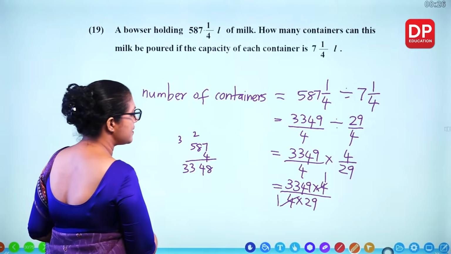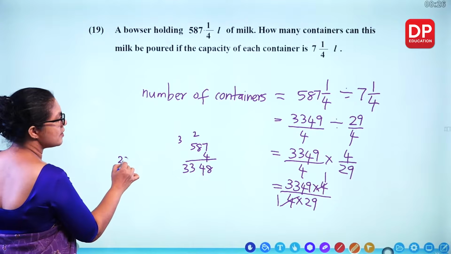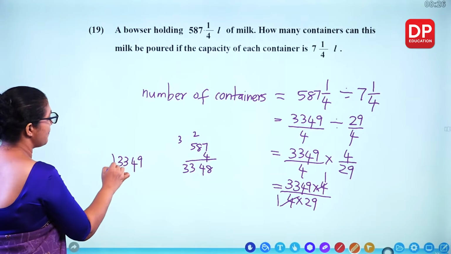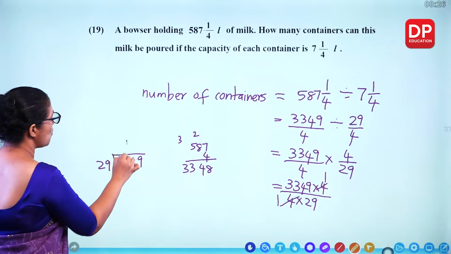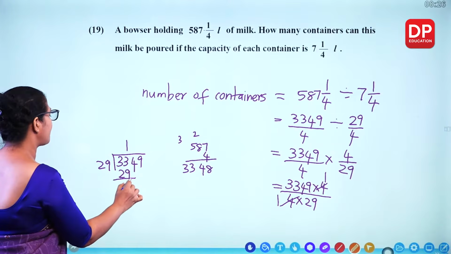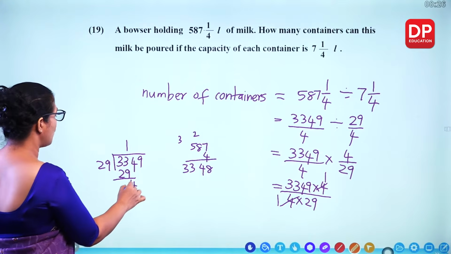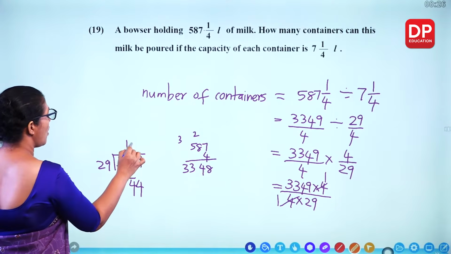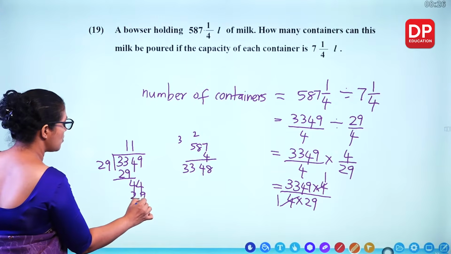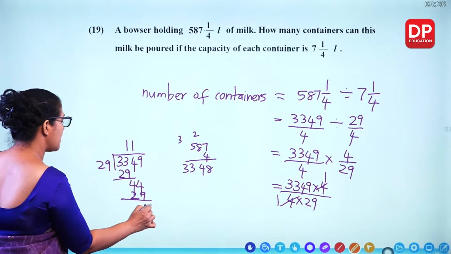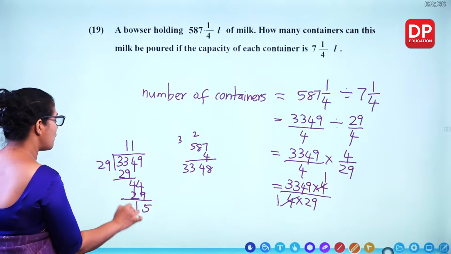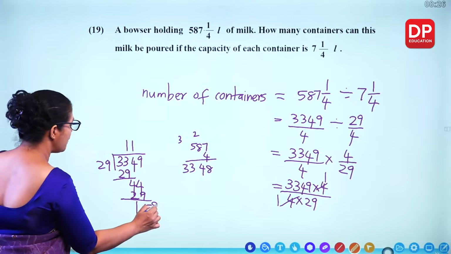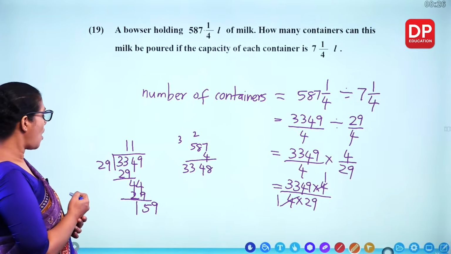How many 29s are there for 2,349? 29 times 1, 4 remaining. For 44, 1. Still 29. So here 9 plus 5, 14. So 15 remaining. So 159. How many?